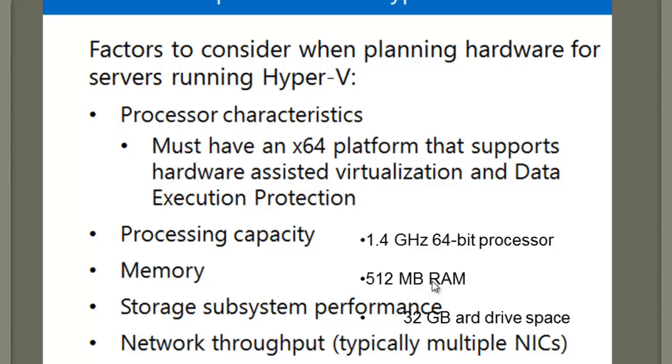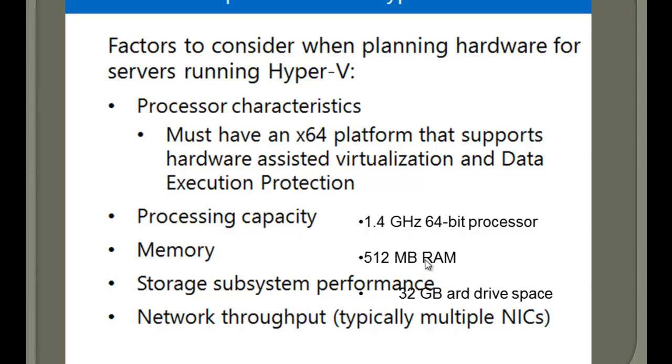You will need a lot more than these if you are running a Hyper-V machine that supports other virtual operating systems. But if you're in a classroom situation or a testing situation, you can run the minimum requirements, which again, for the processor is 1.4, for the memory is 512, and for your drive space is 32 gig.